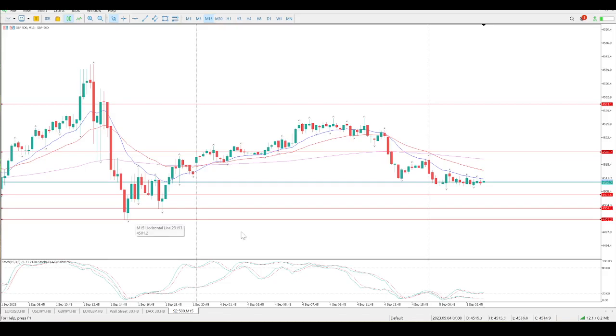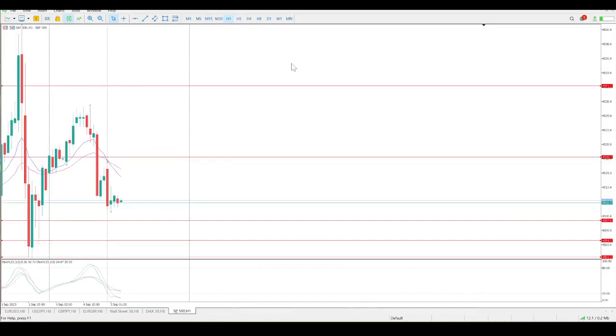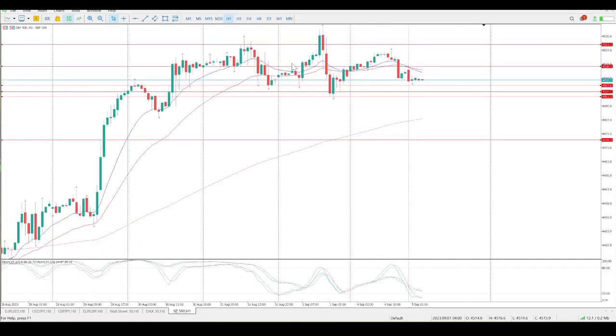Yeah, that's 4501. So this is a strong area of support, and if you come back to your 1 hour and you just zoom out a little bit, you'll see a fairly strong range structure that we have here.